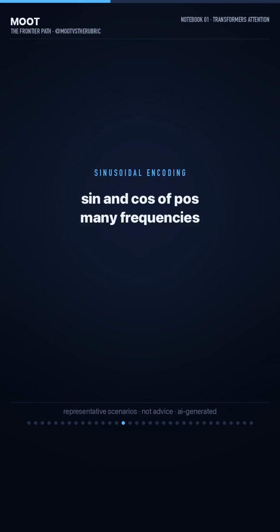The original transformer adds a fixed positional encoding built from sines and cosines. Each position gets a vector where different dimensions oscillate at different frequencies, computed from sine and cosine of the position divided by a geometric range of wavelengths.